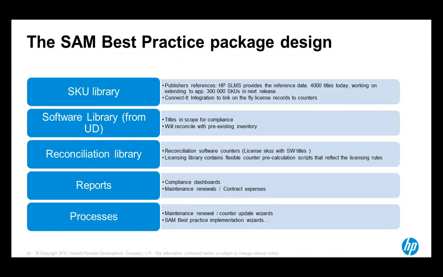We will count the number of core factors if it's for Oracle, and we are going to see in details how it works. So we have this reconciliation library that will put together the license data and the inventory data in the right way. And of course, we have a set of reports and processes that will support this software asset management activity, and that come with this package that you can import every quarter into your asset manager production system without having to upgrade the platform.